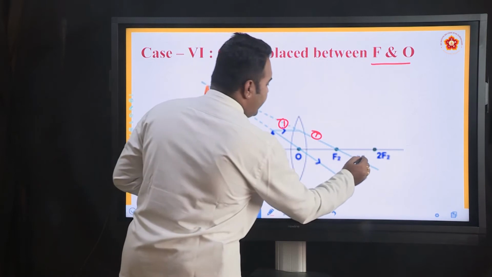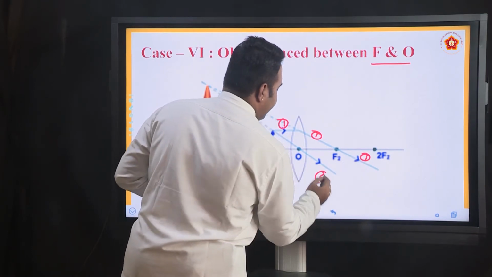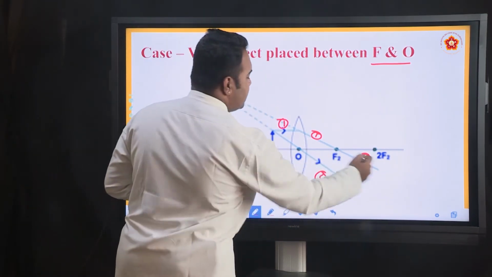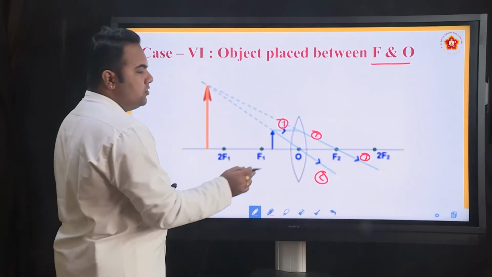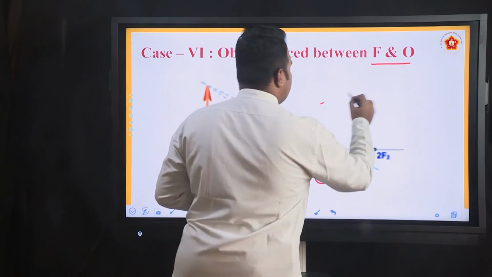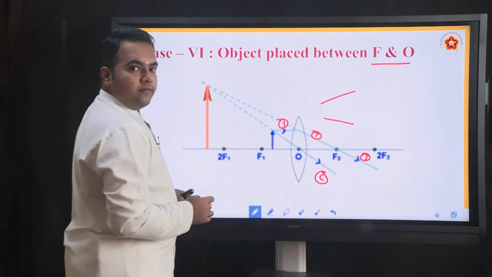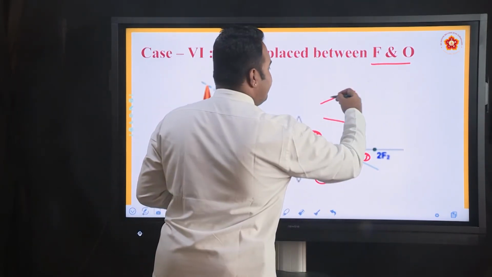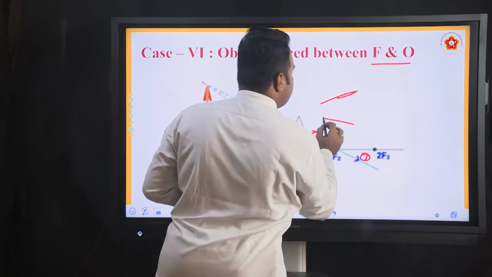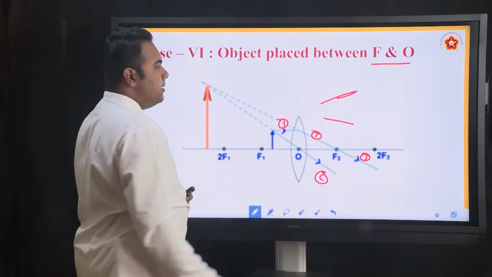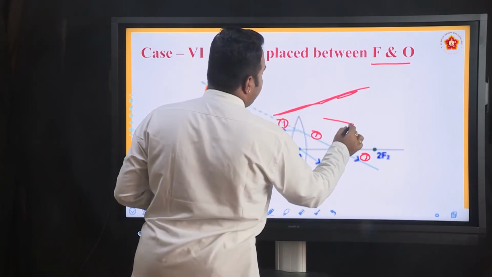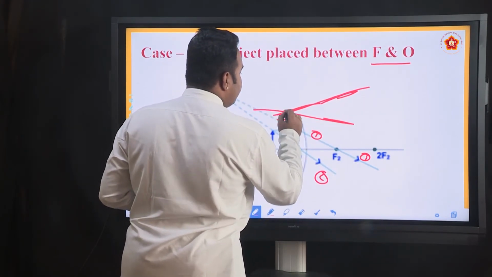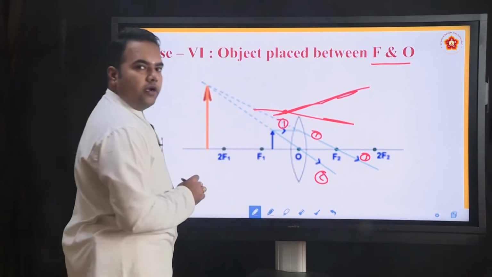Now if you look at the first and the second ray, these two rays are diverging. It is going in this particular direction, this ray goes off here. So there is no point on this side. So suppose I draw two diverging rays like this. On this side they never meet because this is going off in one direction, this goes off in another direction. But suppose when I extend it back, it appears as if they are coming from a single point.